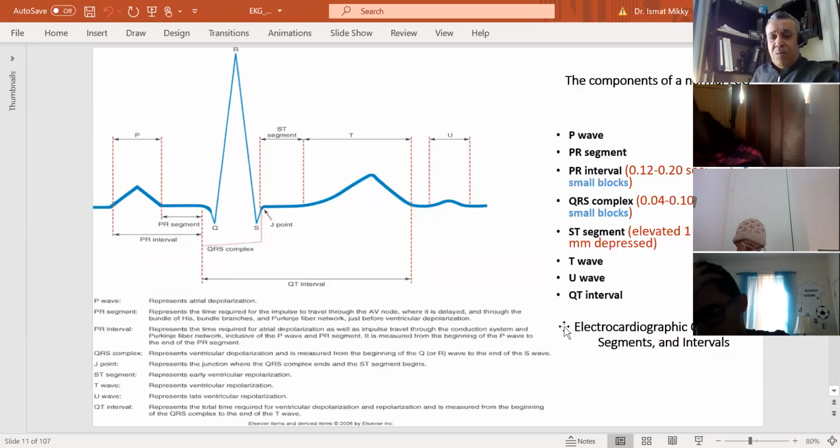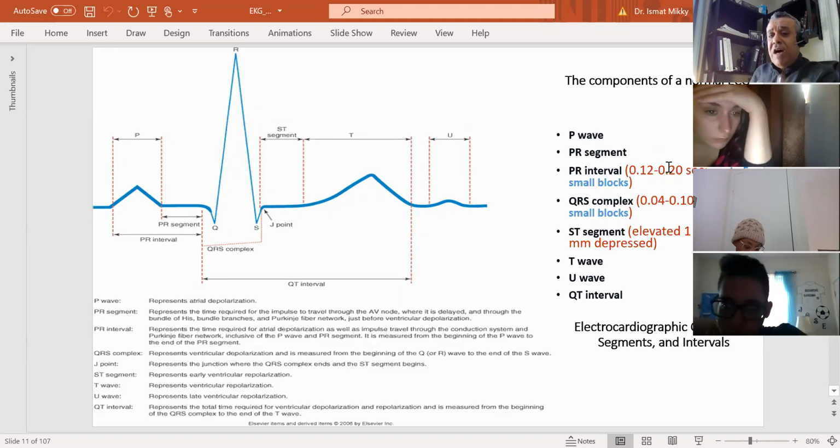Before I move on to the next slide, you have the reference ranges and lengths for each interval. We focus on two main intervals: the PR interval and the QRS complex. As we measure the small boxes, the PR interval shouldn't be shorter than 3 small boxes or longer than 5 small boxes.